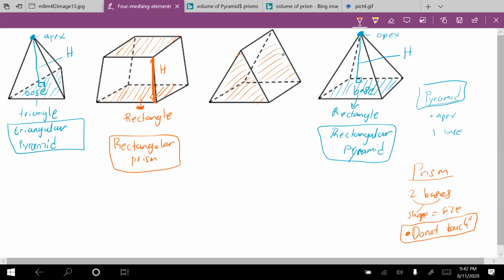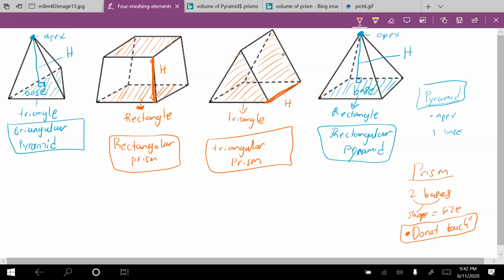So those are the two bases, and the distance between the two bases is the height. What's the shape of one of the bases? It's a triangle. And how do we name this figure? Triangular prism. I hope this helped.